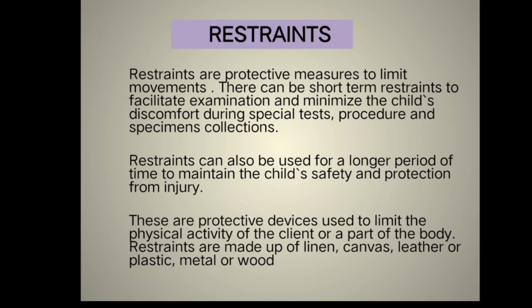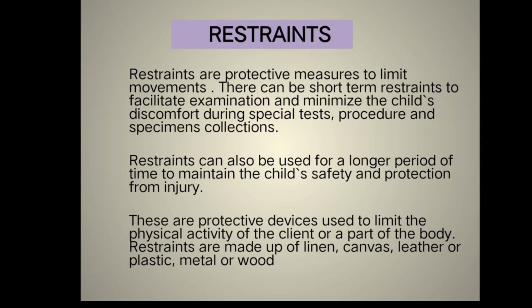Before applying restraints, we have to follow a very crucial nursing ethical principle, that is non-maleficence and beneficence. Non-maleficence means we must not do any harm to the patient by applying the restraints. Next is beneficence, meaning doing benefit to the children.